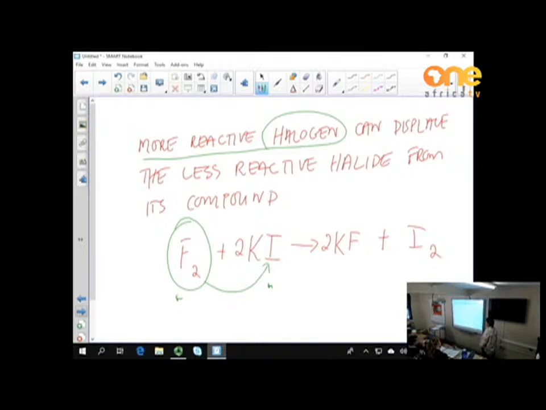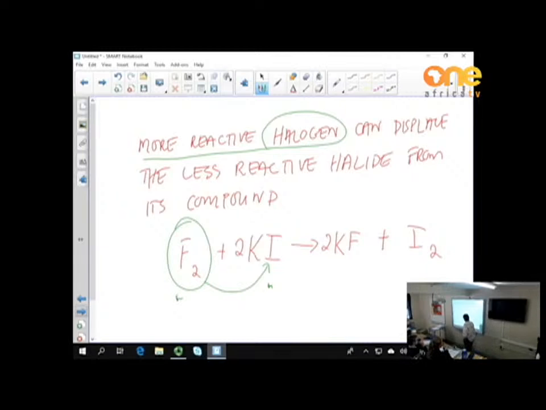So, eventually, what it comes down to is fluorine gas can displace chlorine from potassium chloride, bromine from potassium bromide, iodine from potassium iodide. But chlorine cannot displace fluorine from its compound.